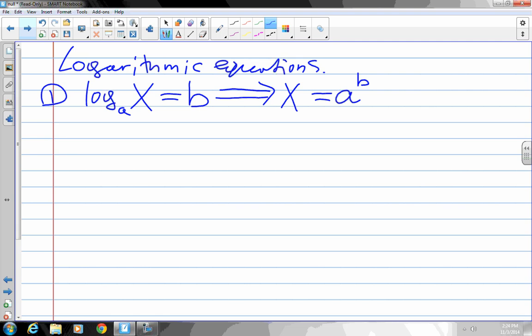So rewrite in exponential form. For example, log base 5 of 8 minus 7x equals 3.